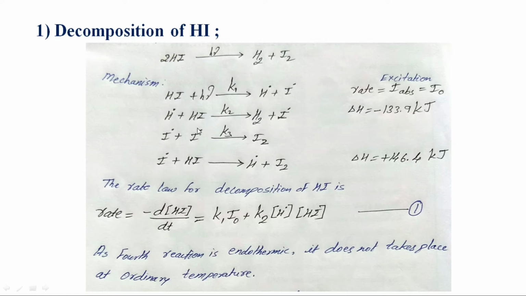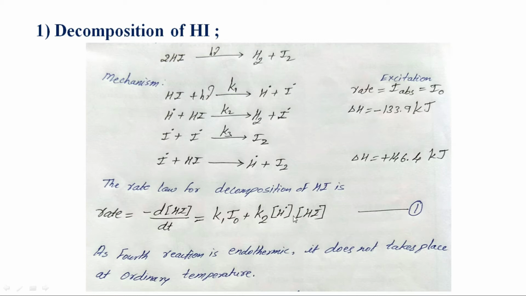Therefore, rate law for decomposition of HI is equal to K1 into I naught plus K2 into concentration of H dot and HI concentration. Let me call this equation 1.